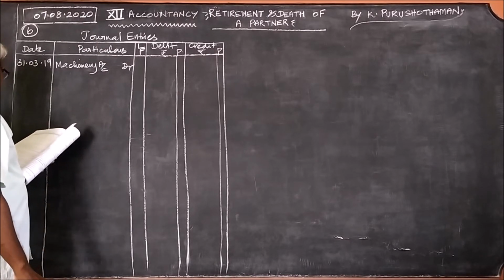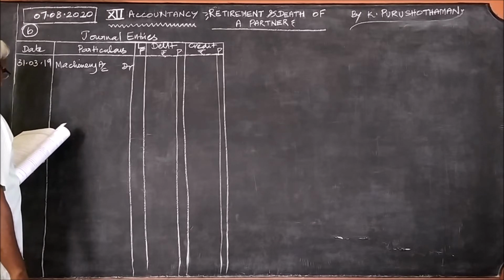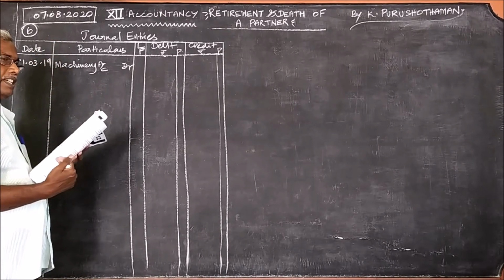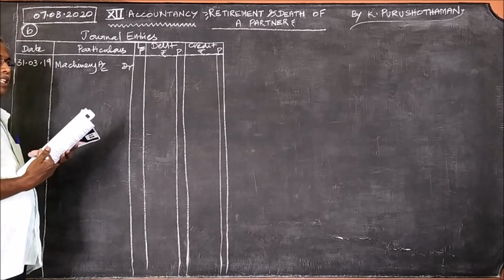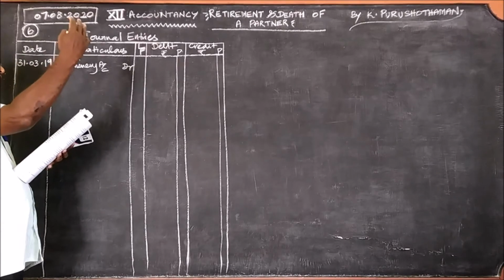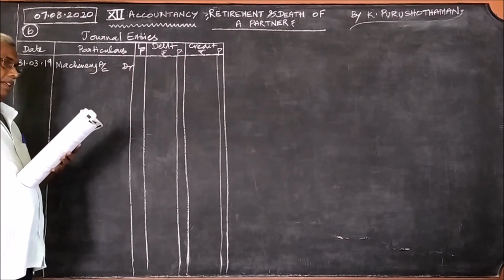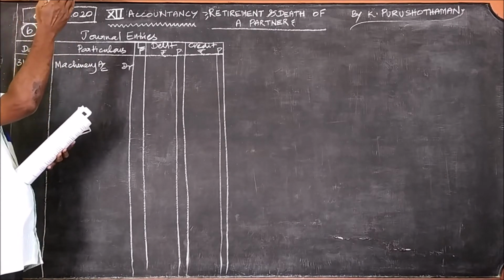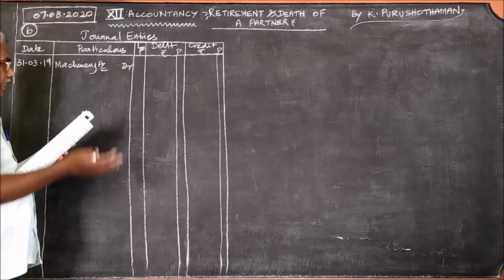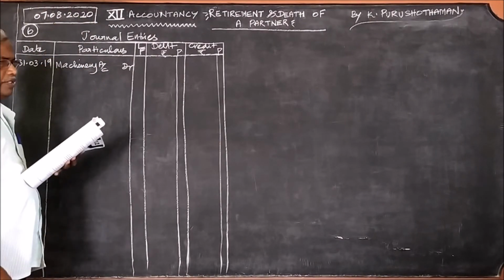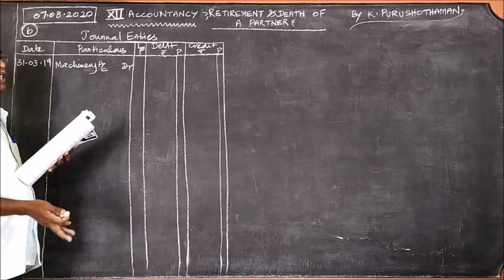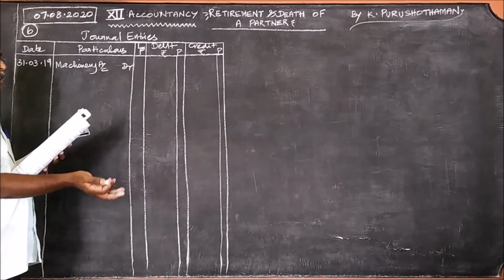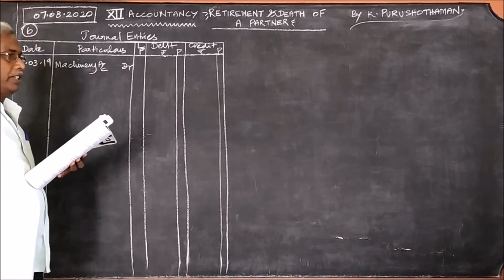When the asset decreases, it is a loss. At the same time, when the liability increases, it is again a loss. Be careful. When asset value increases, it is a profit. When asset value decreases, it is loss. When liability increases, it is loss. When the same liability decreases, it is a profit. You should bear it in mind.